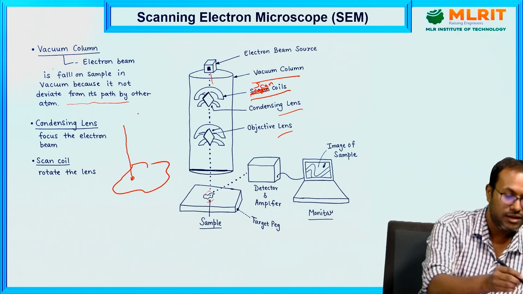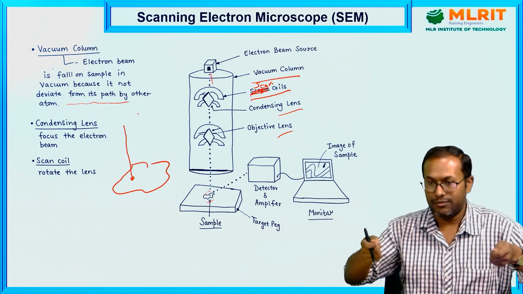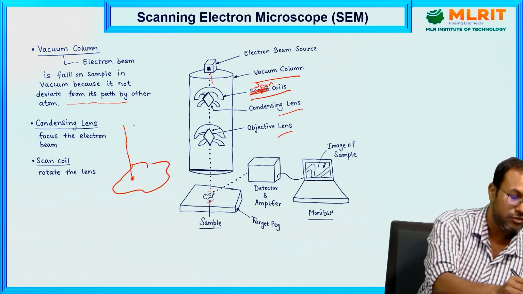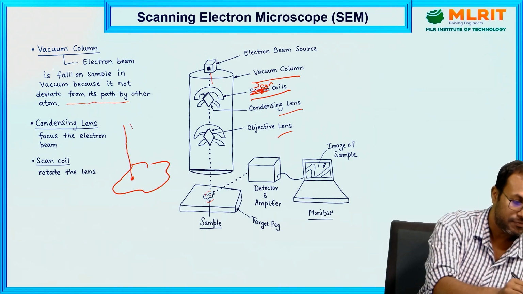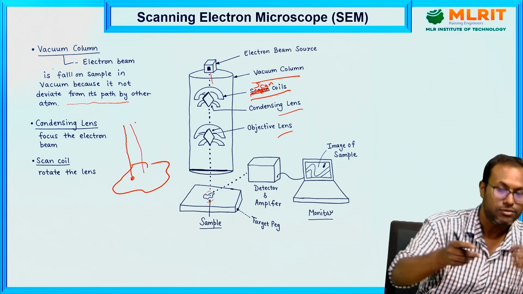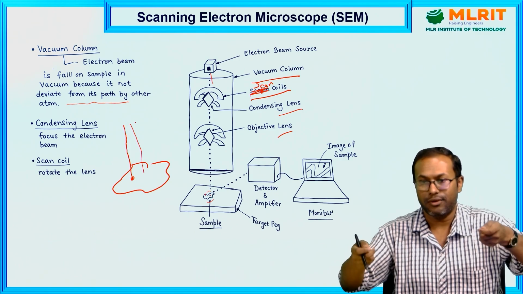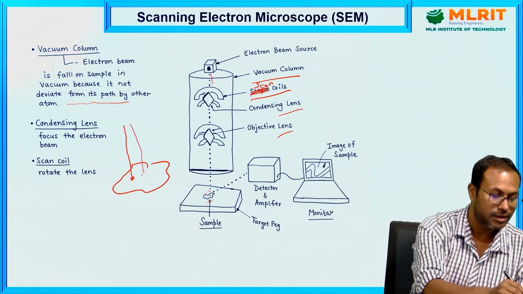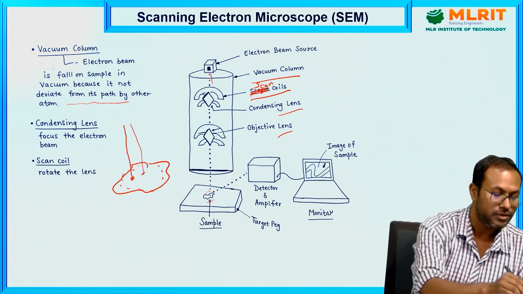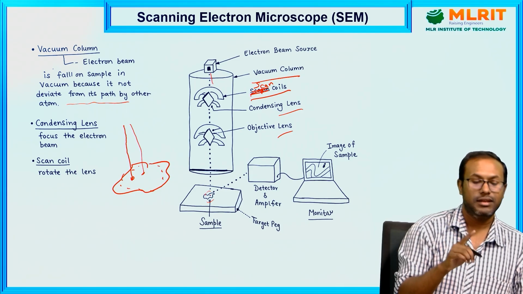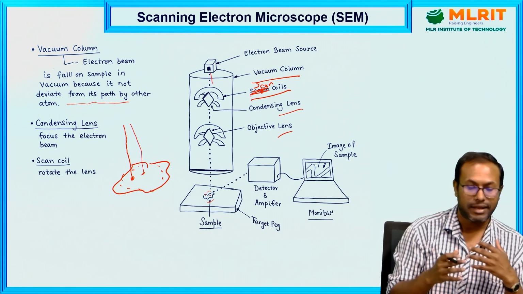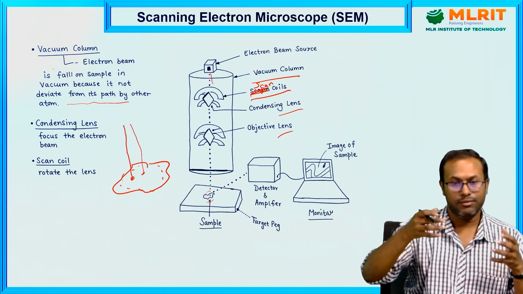If we rotate the scan coil, okay, and we want the beam to come to these positions, then we need to change the scan coil. It will rotate the lens, the electron beam will be deviated and it will come to this point. In this way it will scan all the points, okay. So the image of the sample is not taken at once, it takes some time.